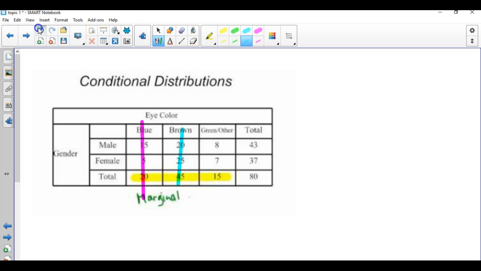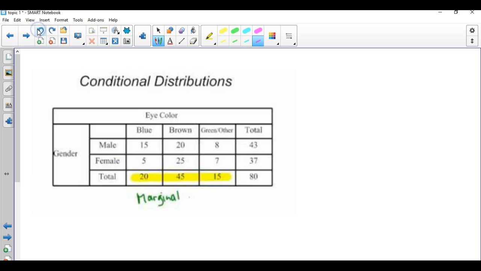If I would undo what I just did, and now highlight this row here, male, this is the distribution of eye colors based on if it's a male, on the condition that we have a male. In pink, this is the distribution of eye color based on the condition that the person's female.